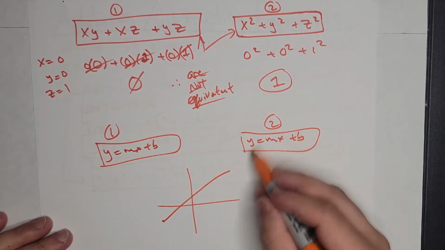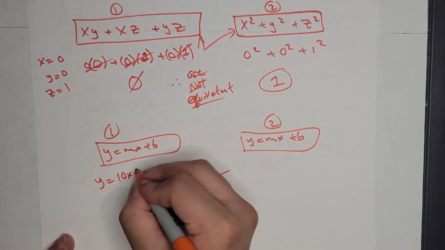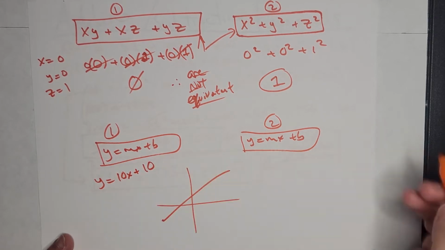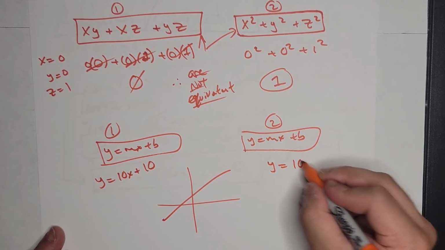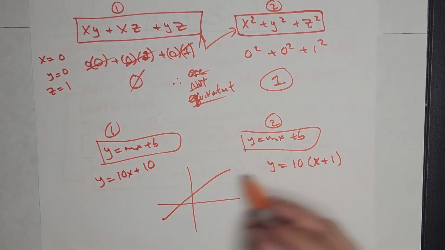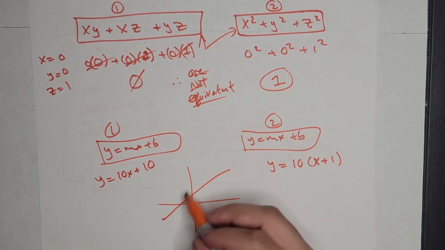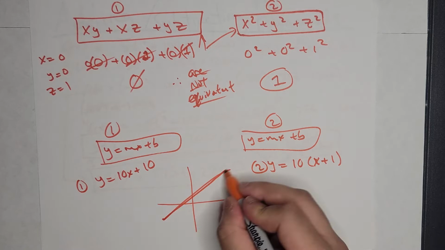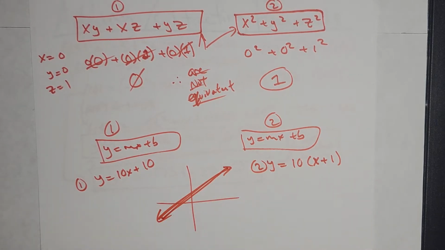For this expression, it could be like, say, y equals 10x plus 10, right? This could be y equals 10x plus 1. These two are in fact the same, but these two functions have to have the same graph, and that's how we can tell.